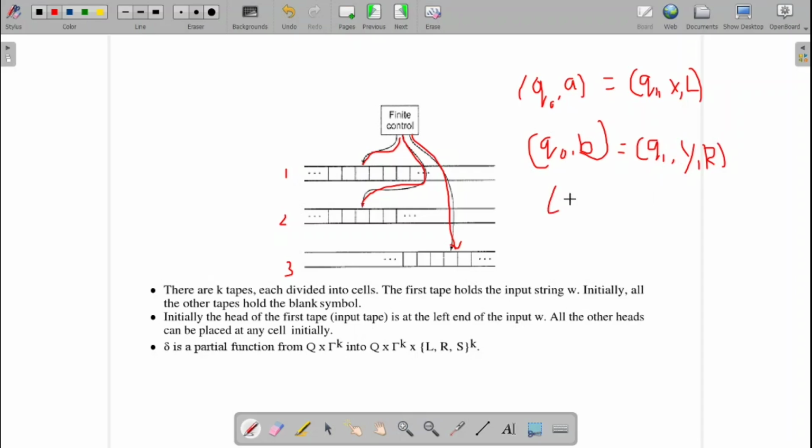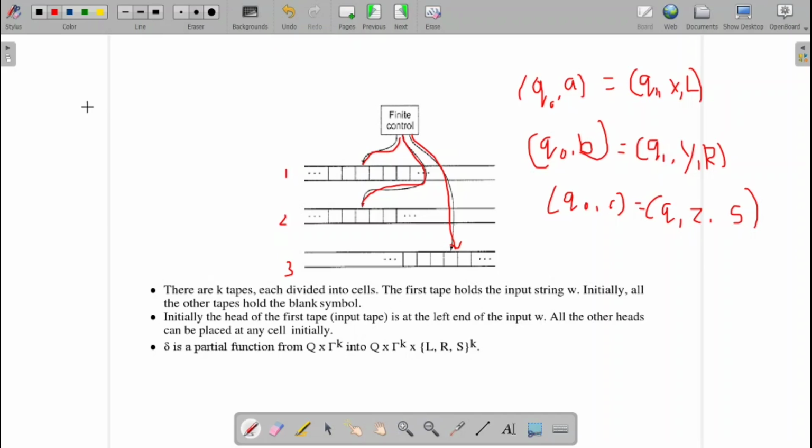In the same way for the third tape, Q0 on C, I can go to state Q2, any state I can use, no problem. Then I replace with Z and stay stationary. In such an arrangement, for each tape the movement may be different: left, right, or stationary.